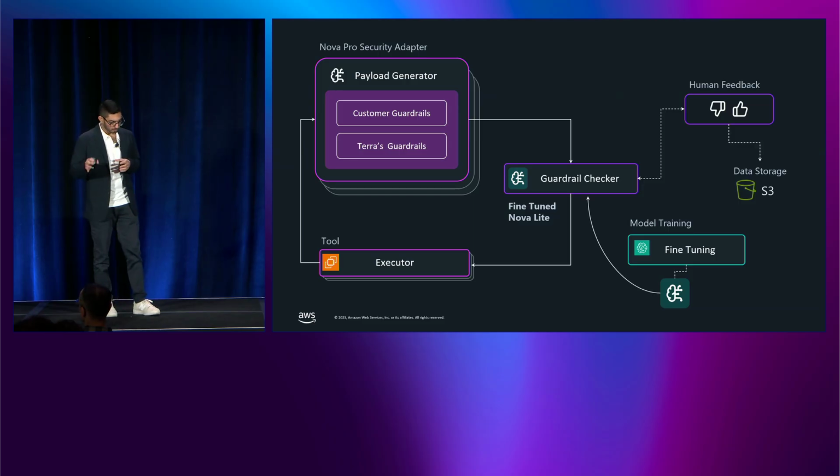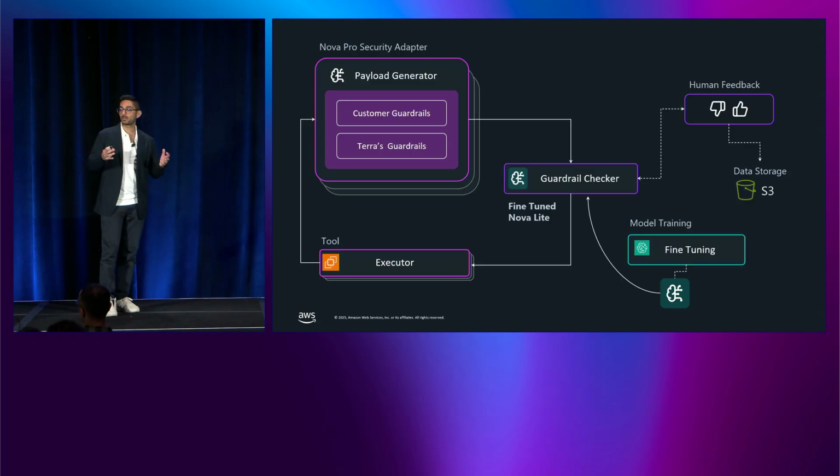Okay, so to recap, we started with a very simplified agent that is based on the Nova Pro Security Adapter, which is our payload generator, and it has our guardrails on top of it. It did a great job, but not good enough because we've seen payloads that we should block. Then we introduced the guardrail checker agent, whose whole purpose is to decide whether we need to block or allow payloads.